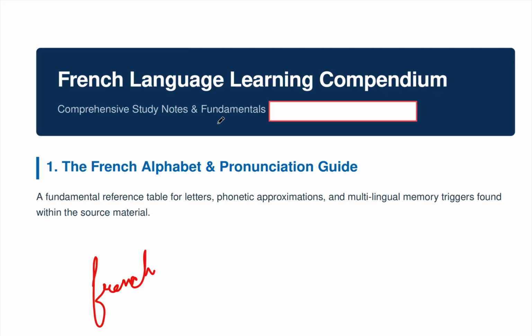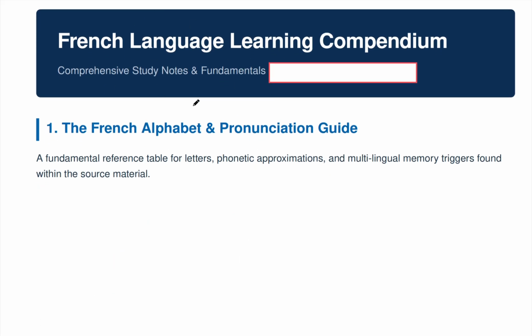Bienvenue, welcome everyone. In this lecture we are going to learn the French alphabets and how to pronounce them. To learn any language, be it English, German, Italian or French, the first thing we always learn is the alphabets.